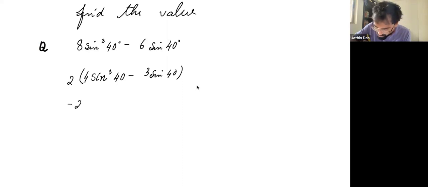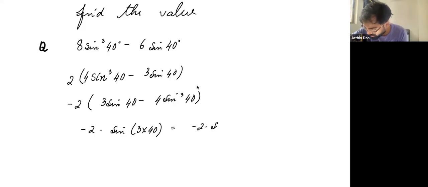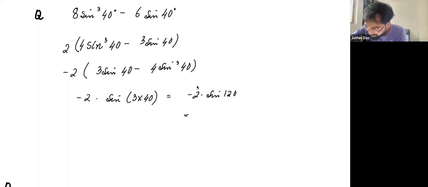So I can take minus 2 common. So you'll get 3 sine theta minus 4 sine cube theta. So that will be the sine 3 into 3 theta formula applied. So minus 2 sine 120. Now sine 120 and sine 60 are the same, because sine of 180 minus theta and theta are the same. So what is sine 60? Root 3 by 2.